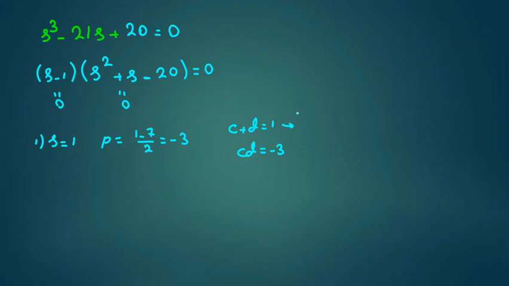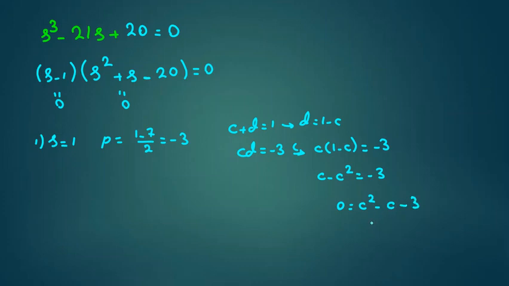Now we want to find C and D. D is 1 minus C. We replace it here, C times 1 minus C, negative 3. So C minus C squared equals negative 3. Take it to the right side: C squared minus C minus 4.